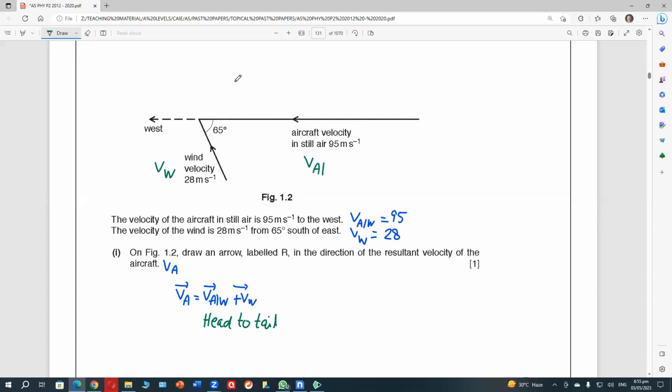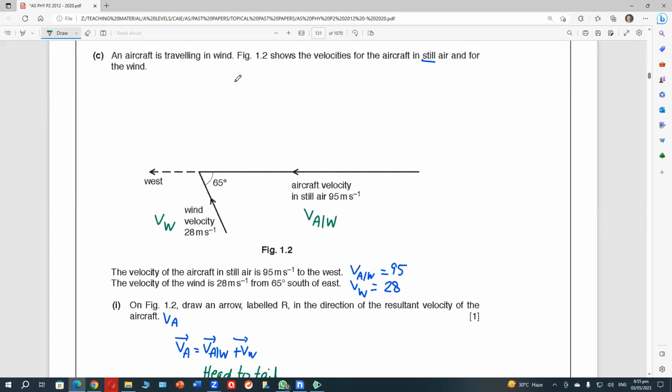So will it be in the opposite direction? Actually, you have said it rightly, the main problem is the VW arrow. It is not in a correct position, because we need VAW. VAW is fine, but plus VW is not fine because it's coming head to head. So what I should do first is extend it.